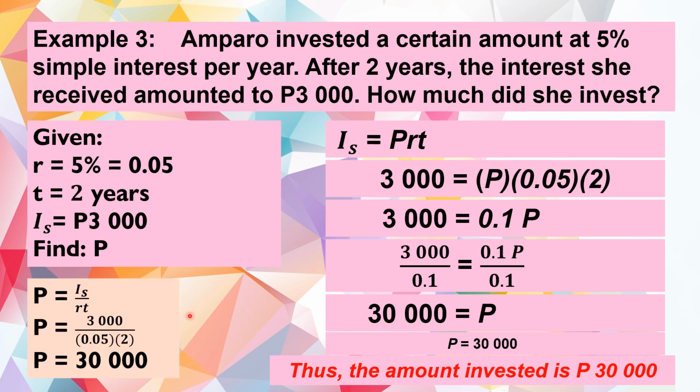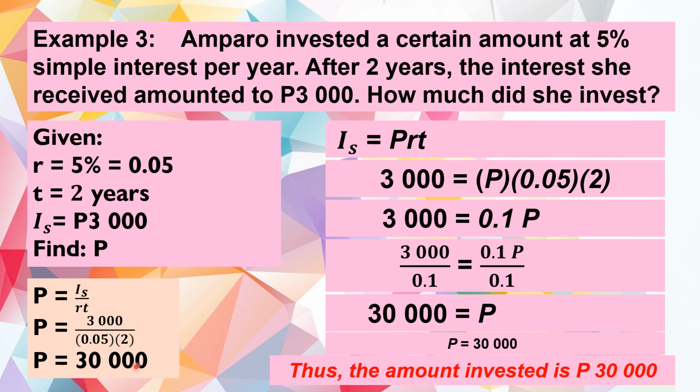Another way to solve the principal is by using the formula of principal, which is P equals simple interest over rate times time. So, our simple interest is 3,000 over our rate, which is 0.05 times the time, which is 2.